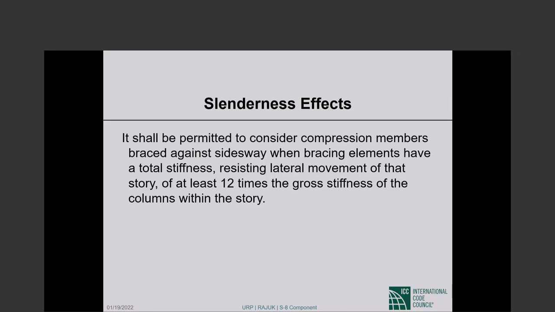Okay. So let us say you have to know the direction of analysis first of all. When you design a column, there is an implied direction of analysis. The bending moments that are being applied to the column assume the building moving from left to right.